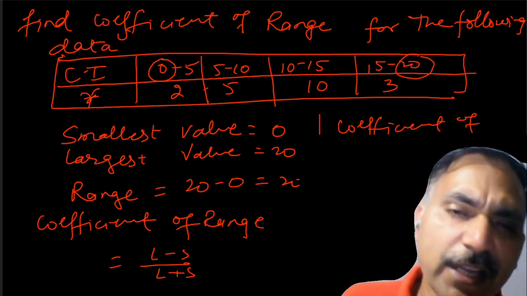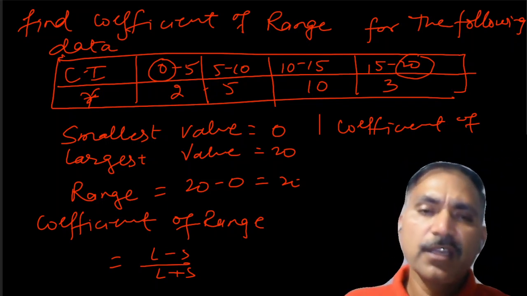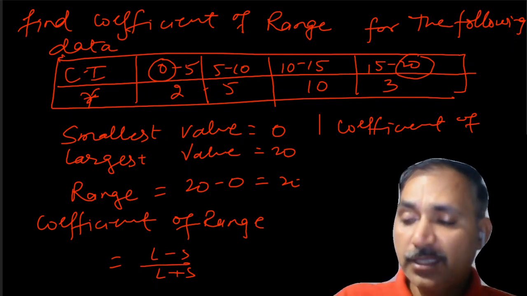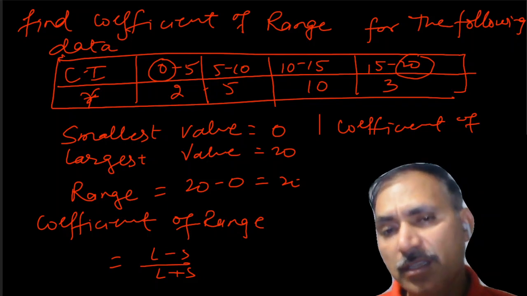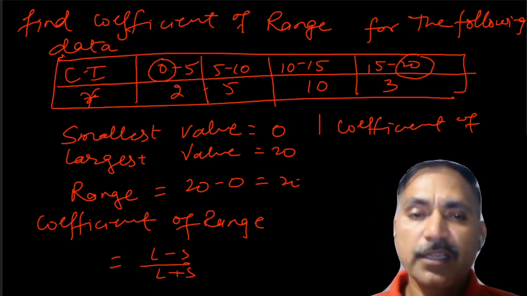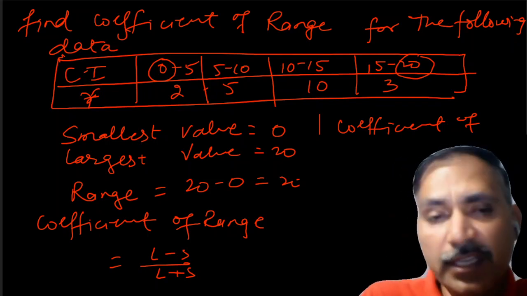Now we have studied how to find out the range for raw data, discrete data, and group data. Next we did how to find out the coefficient of range, for raw data, group data, and discrete data. Let us go back and see all these three again.